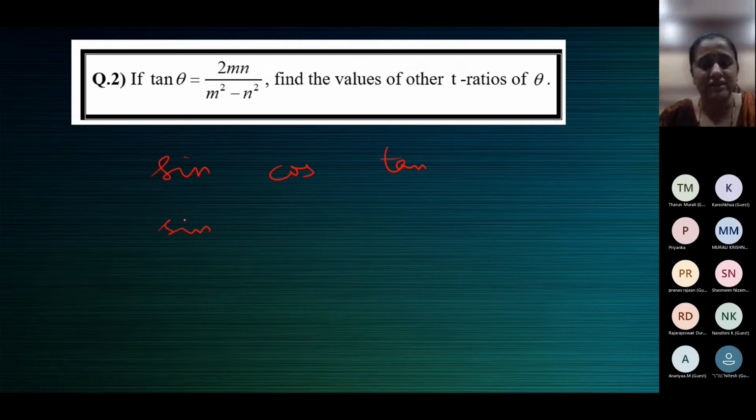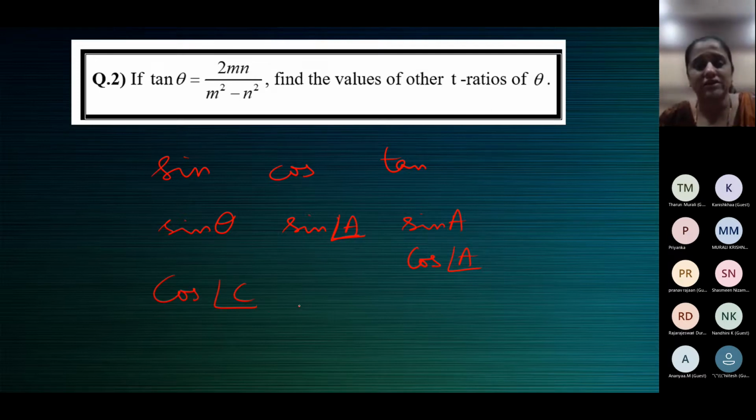When we say sine, it is with reference to an acute angle, sine theta or sine of angle A, but we don't use the angle symbol. We simply say sine A or cos A, cos of angle C. So the trigonometric ratios are meaningful only with respect to an acute angle. I'm saying acute angle because our study is restricted to acute angles.